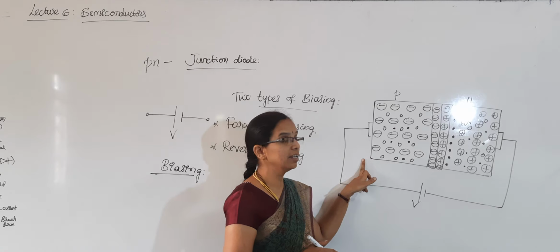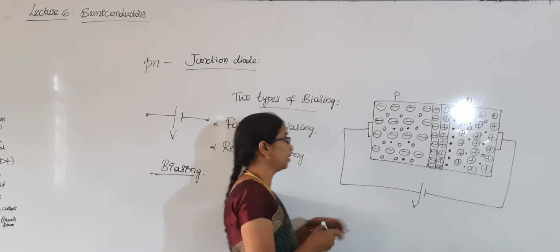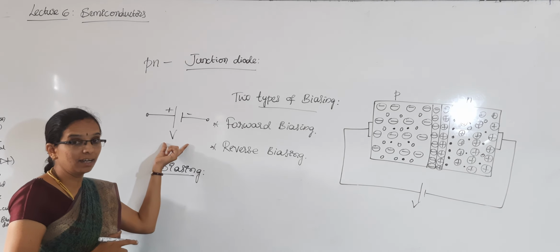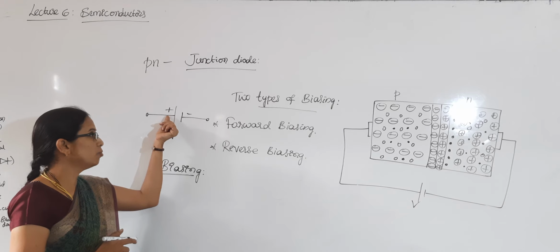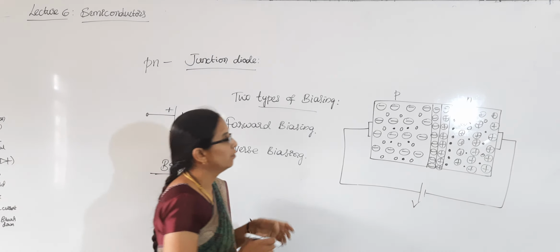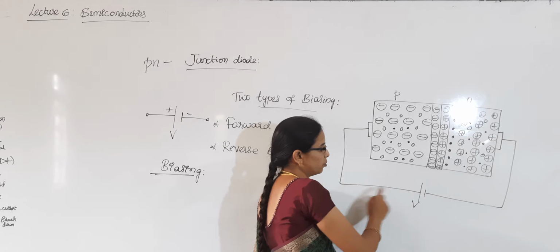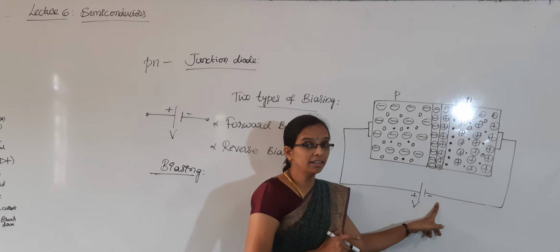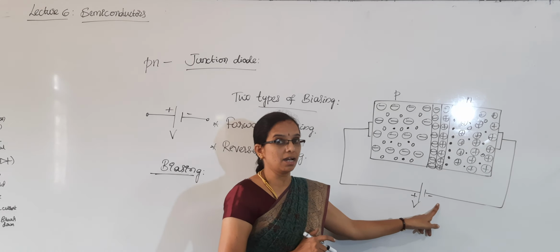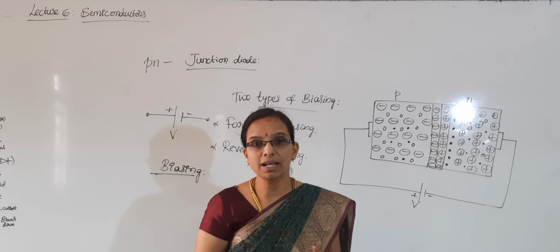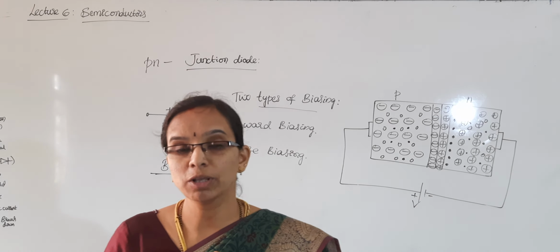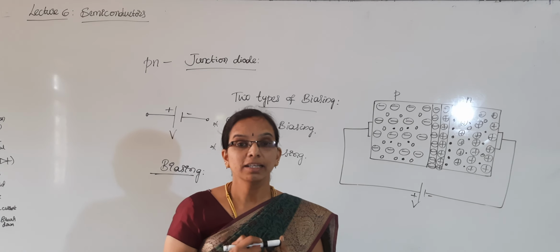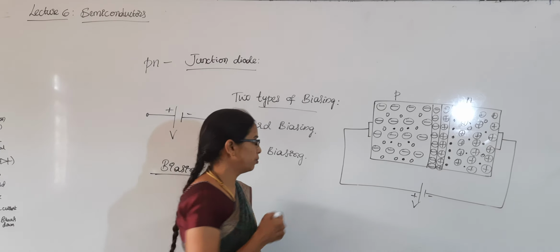When the p-type material is connected to the positive terminal of the battery, taking this as the symbol of a battery or DC voltage source with a positive terminal and a negative terminal, and the n-type material is connected to the negative terminal of the battery, then the connection is said to be forward biased.